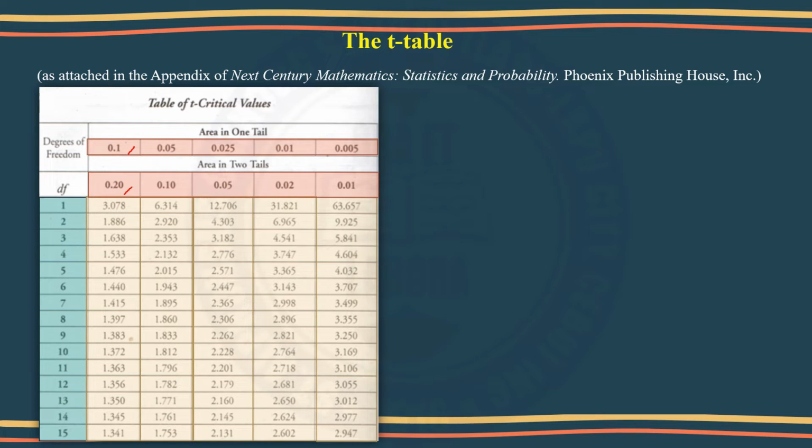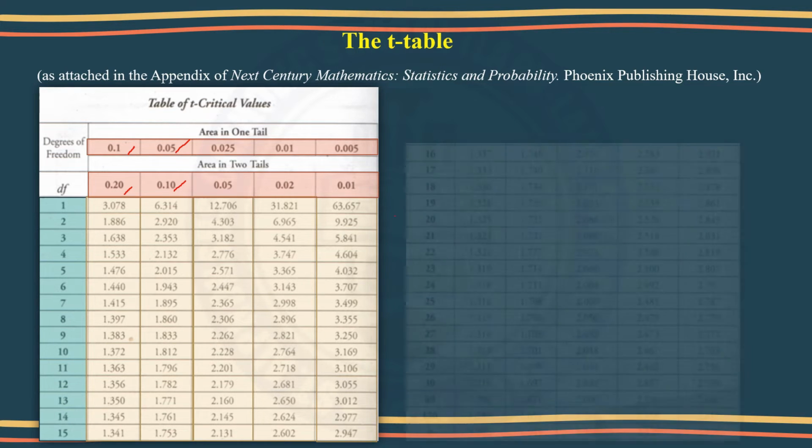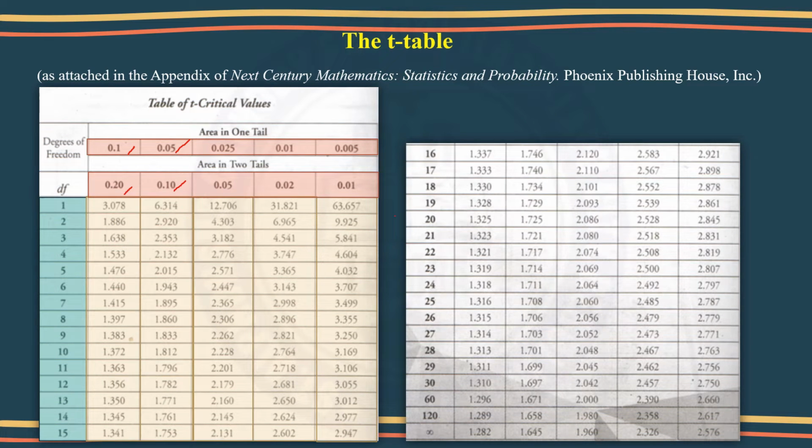If you add 0.05 by itself, then the answer is 0.10 and so on. Or if you add the area of one tail by itself, then the result would be the area of the two tails. Okay, so this is the continuation of the table.